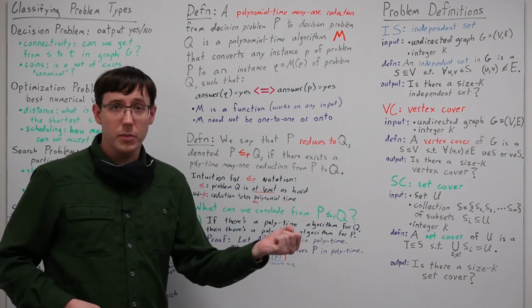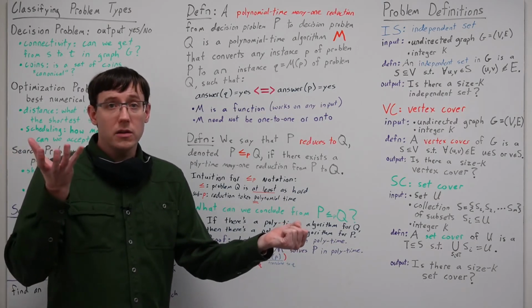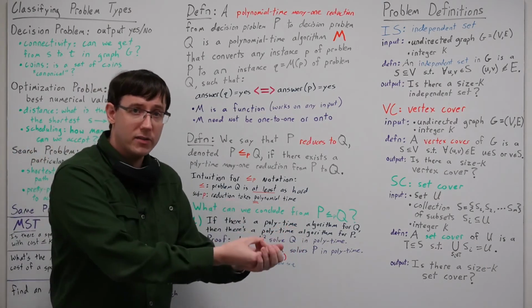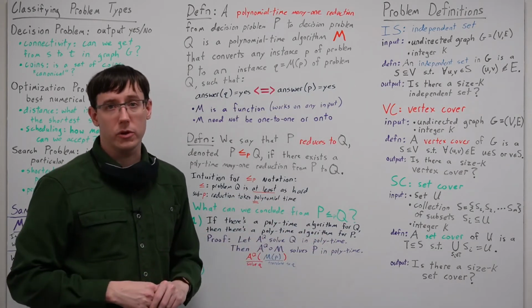If we have a way of solving problem Q, then we can solve problem P by translating and then running our algorithm for Q.